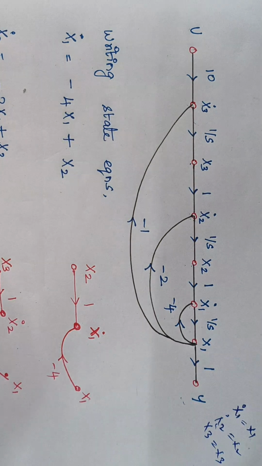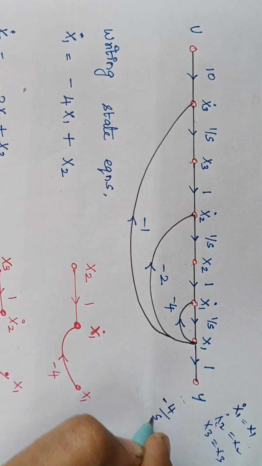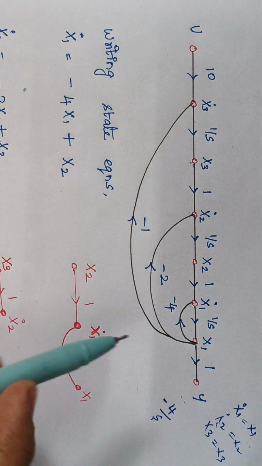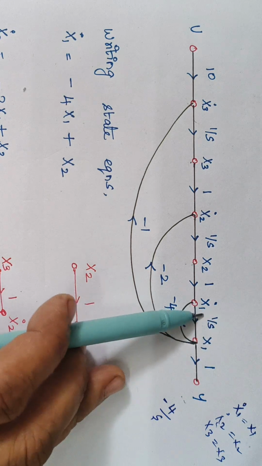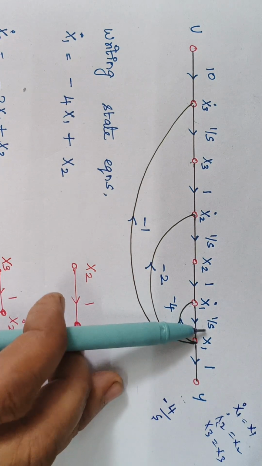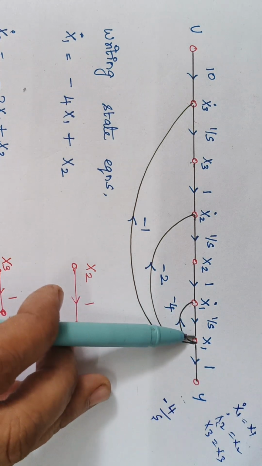So after representing these terms, we have to proceed with our individual loops, right? We have to fix our individual loops here. So as usual, what is the first loop gain? You see the first loop gain is minus 4 by s, right? It should have only the 1 by s term, therefore we are selecting a path such that here we are having 1 by s.